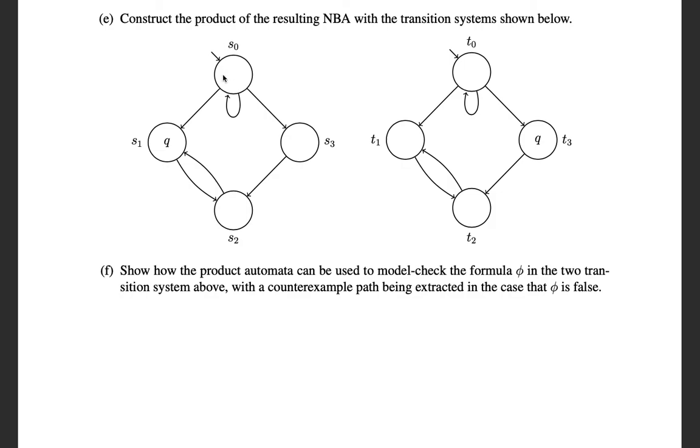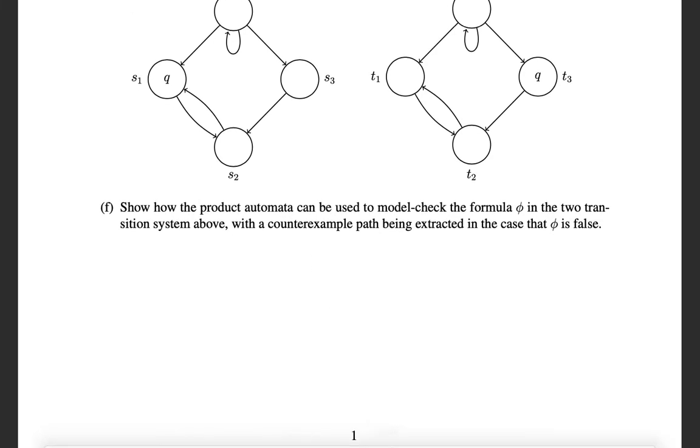But that's not true on this path, because we're going here, Q is true, it's not true, but then it becomes true again, it's not true, becomes true again. So Q is true infinitely often on this path, so we never get to a state at which, at some point in the future, Q is never true again. Okay, so our verification has been successful.